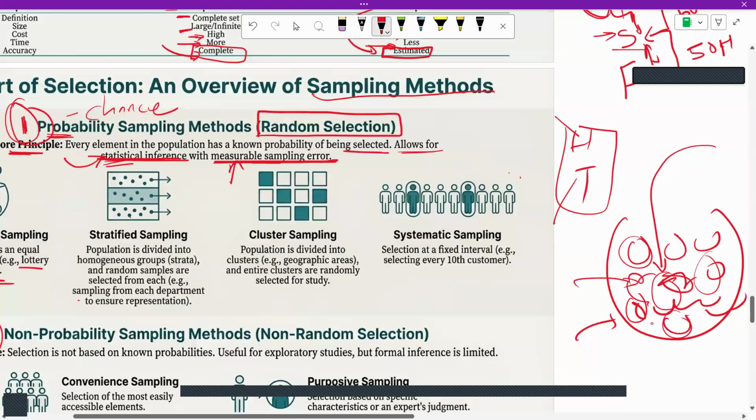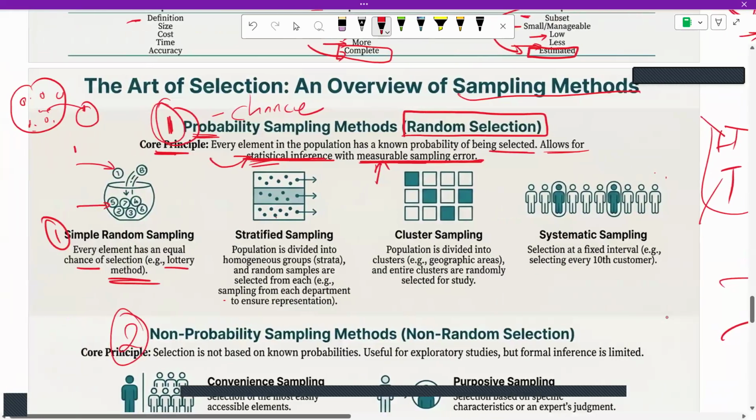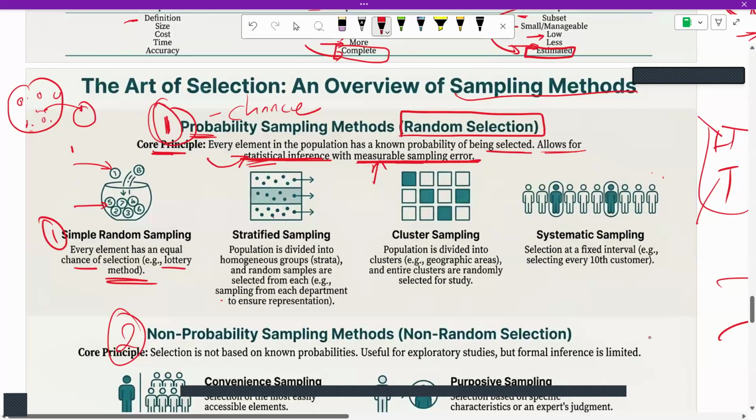There are many types of fruits in different numbers. You are given a chance to pick one fruit within the bag. You put your hand and pick a fruit randomly. So that is simple random sampling.